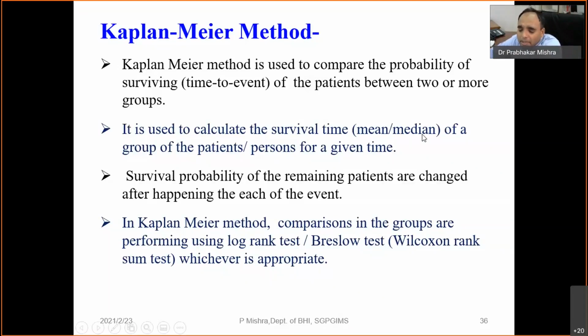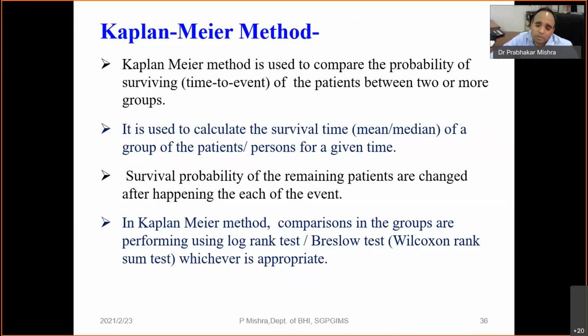Usually we present both mean and median, but in some situations the median is not possible to calculate. I will show you at the appropriate time in the slide. The mean always comes in our analysis, the median sometimes does not. But if both are in our output, we need to present both.